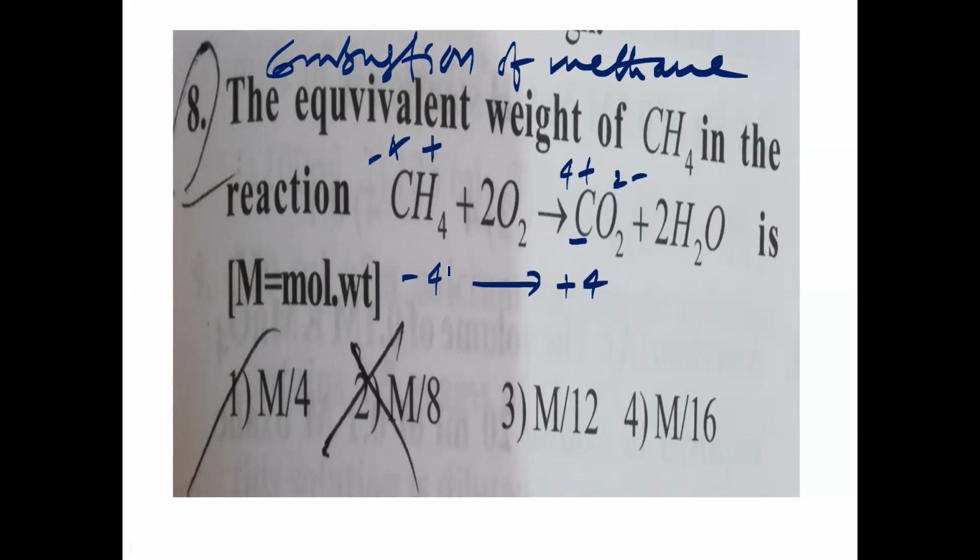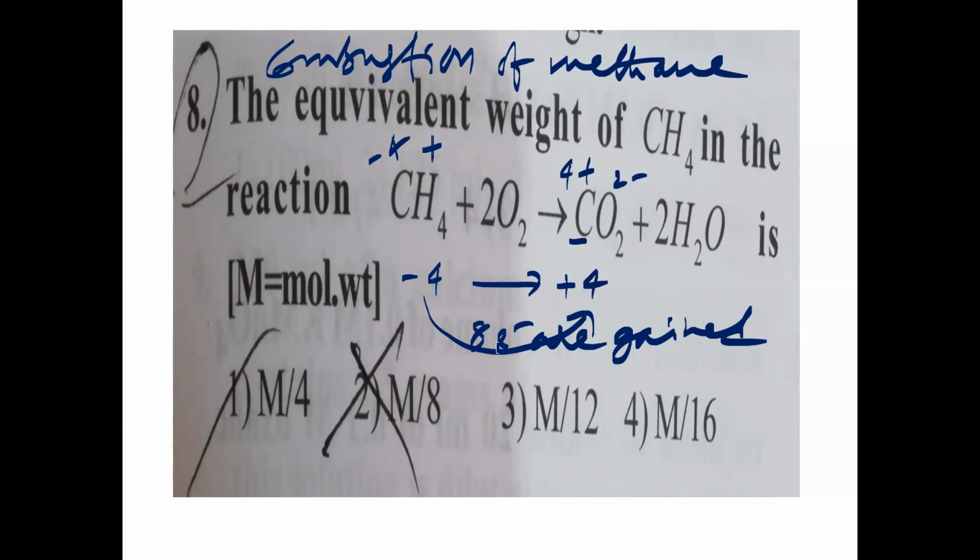Minus 4 to minus 3 means one electron is gained. Minus 3 to minus 2, one more electron is gained. Like this, minus 4 to plus 4, 8 electrons are gained. Totally, how many electrons gained? 8 electrons gained by this C minus 4.